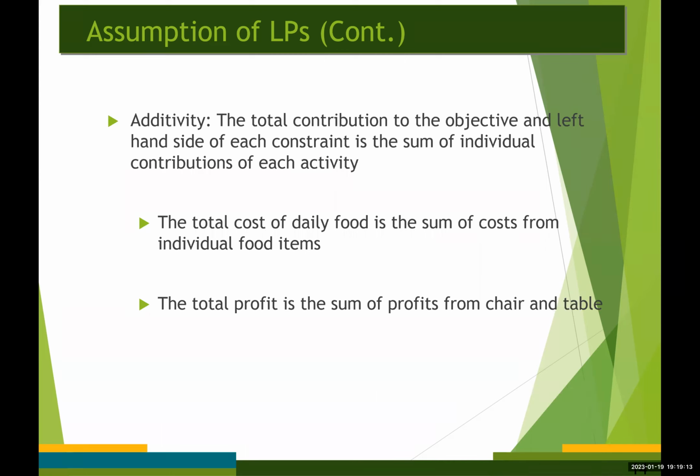Another assumption is the additivity assumption, okay? Which is that the contribution of any variable to the objective function or the constraint functions is independent of the values of the other decision variables.